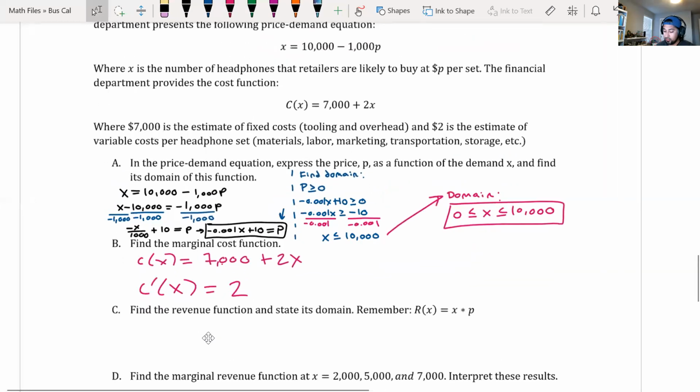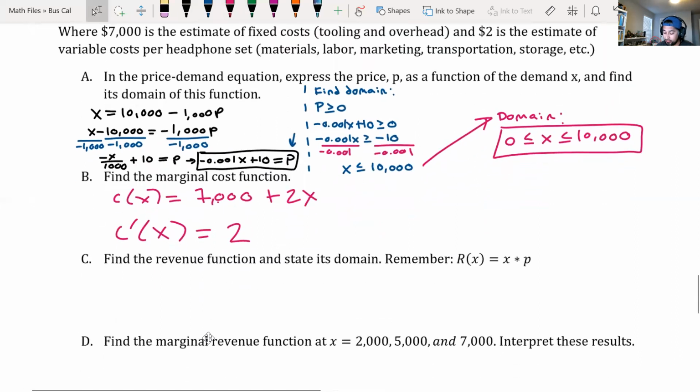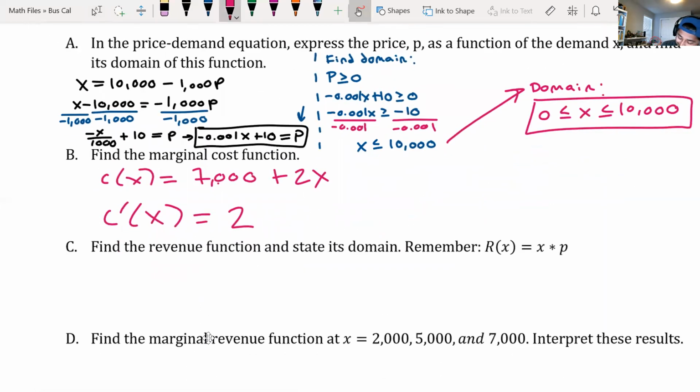So hope you remember all that from 1324, right? So revenue is given by x times the price that we're selling these headsets at. Well, in step A, did we create an equation for price? It's right there, right? You're going to plug that in for P.